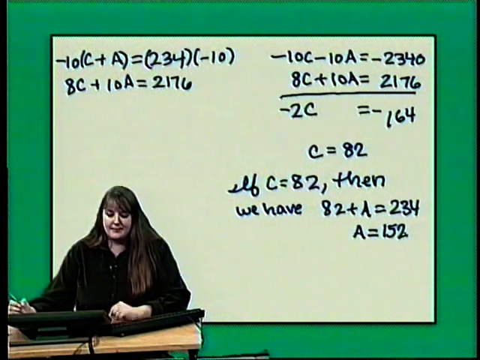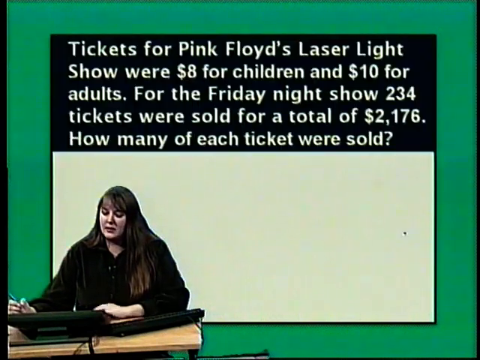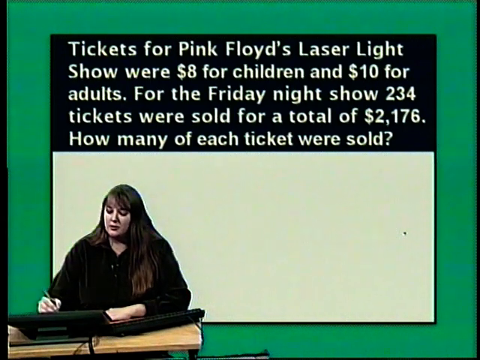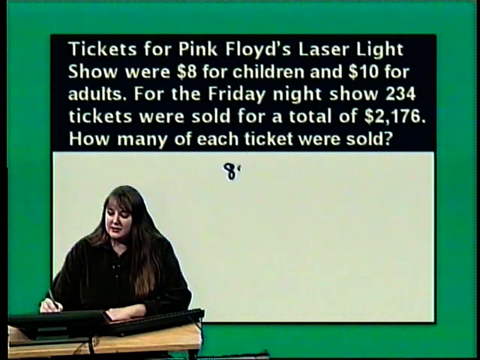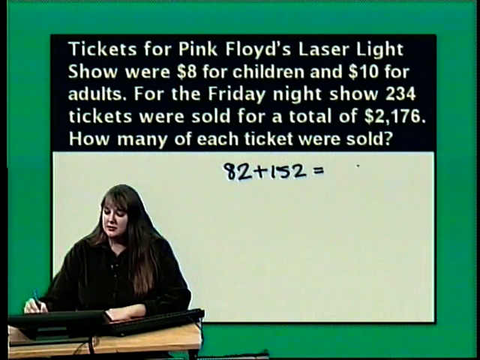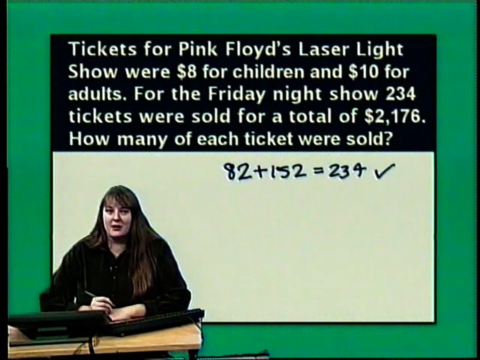So let's check this. We were told that there were 234 tickets that were sold. What happens if I add the 82 children's tickets to the 152 adult tickets? Well, that total is 234. That's good. That's what we wanted.